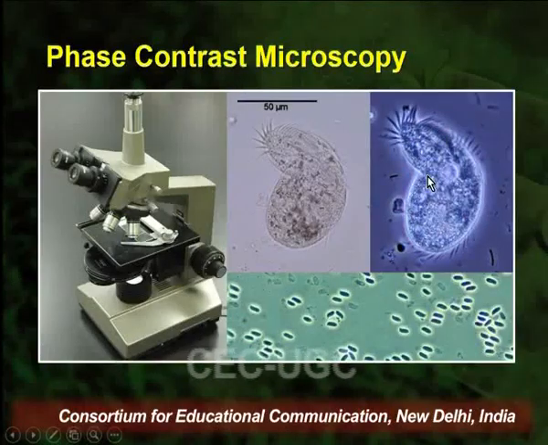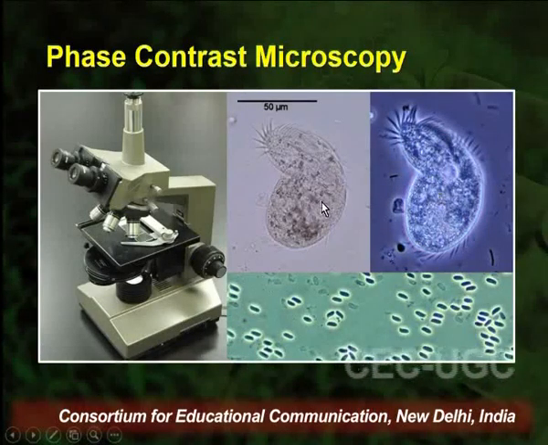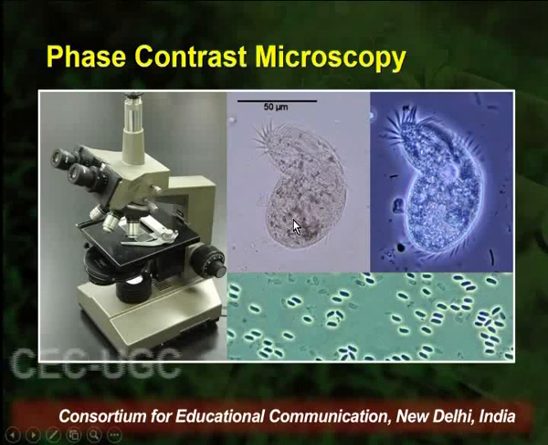So, this allows visualization of not only the outline of the cell, but also many of its organelles and their arrangements. It is used for examining living unstained cells because biological materials almost inevitably diffract light. So here you can see a clear difference between the two images formed.